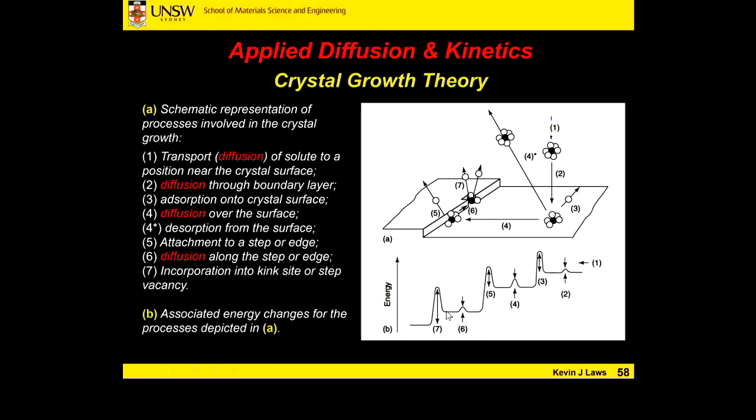And this is step 7 here, lowering the energy of the structure, where it will eventually come to rest. If there is no step or kink in the surface, it essentially will create the next step or kink for the growth process to occur.